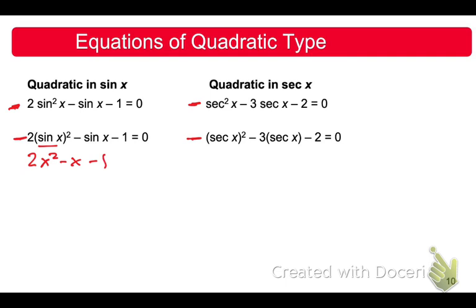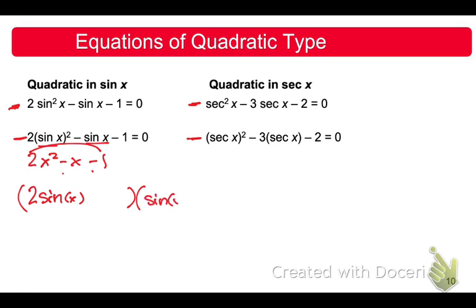What is my x? x is sine x. Does that make sense what I'm saying? So if I were to factor this, I'd take 1 times 2, right? So factors of 2 that have a difference of 1 are what? 1 and 2. So it'd be 2 sine and sine, right?